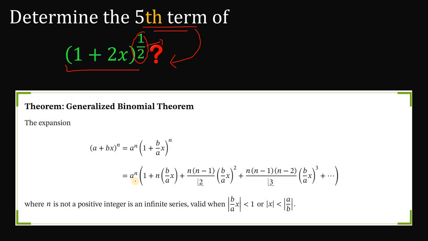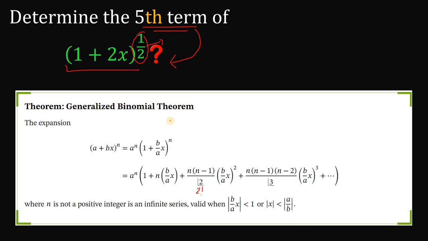This can be written as a raised to n multiplied by 1 plus n times b/a times x plus n times (n - 1) over 2 factorial multiplied by (b/a times x) raised to the power of 2, and so on and so forth. Where n is not a positive integer, it is an infinite series valid when the absolute value of x is less than the absolute value of a over b.